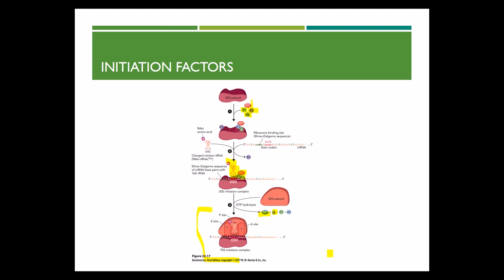The 70S ribosome is now primed with the charged formyl methionine transfer RNA at the P site, and is ready to bind a second aminoacyl transfer RNA to form the first peptide bond.